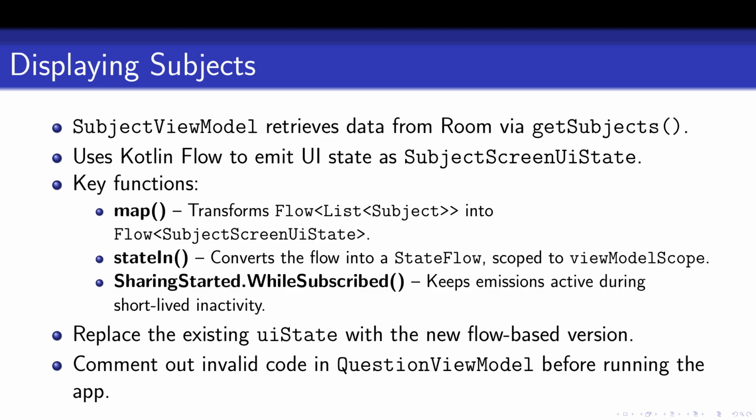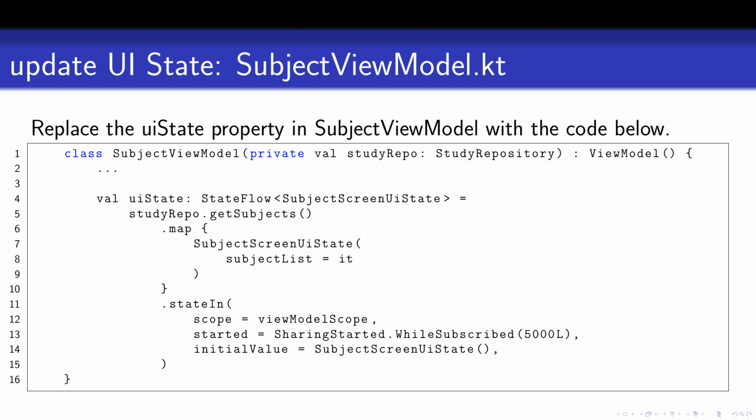If you're following along in the code, you'll want to replace the existing UI state logic with this new flow-based approach. Also, make sure to comment out some outdated code in QuestionViewModel to avoid issues when running the app. In the SubjectViewModel, the UI state property is replaced with a flow that maps the list of subjects from the repository into a SubjectScreenUiState.